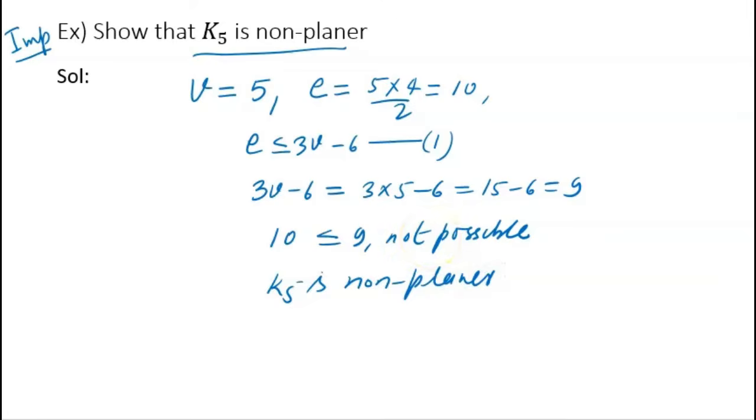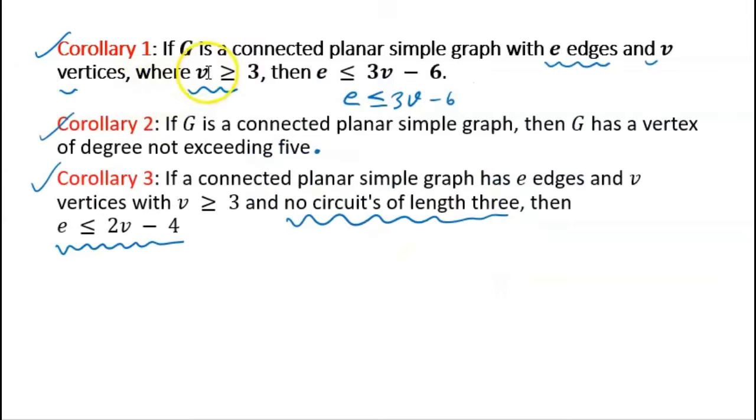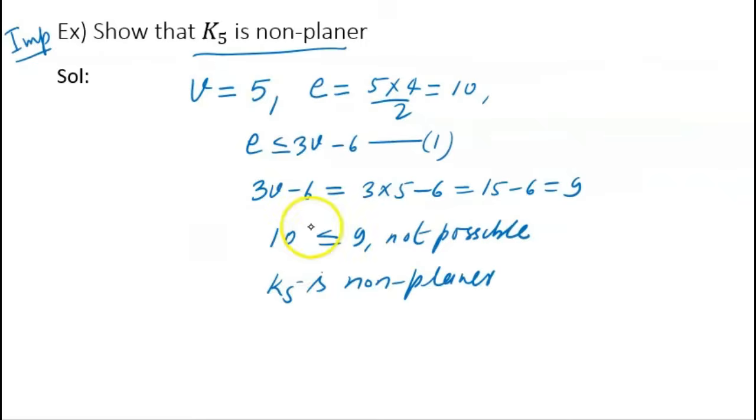Because the corollary says that if you have a connected planar simple graph with E edges and V vertices, then E should be less than or equal to 3V minus 6. But here we notice that 3V minus 6 is equal to 9, and the number of edges is 10. So 10 is certainly not less than or equal to 9. So this is not possible. One more thing I want you to understand here: in K5, why have we applied corollary 1?